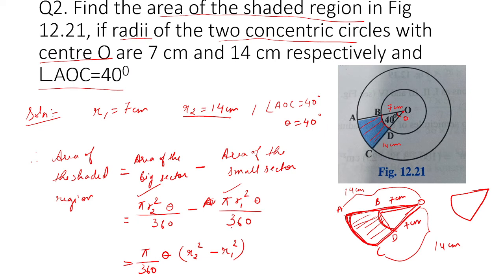Okay, clear? So replace your pi by 22 by 7 into 360. Your theta is 40 degrees. Now r2 square is going to be 14 centimeter square, minus r1 square, the smaller radius squared, which is going to be this.